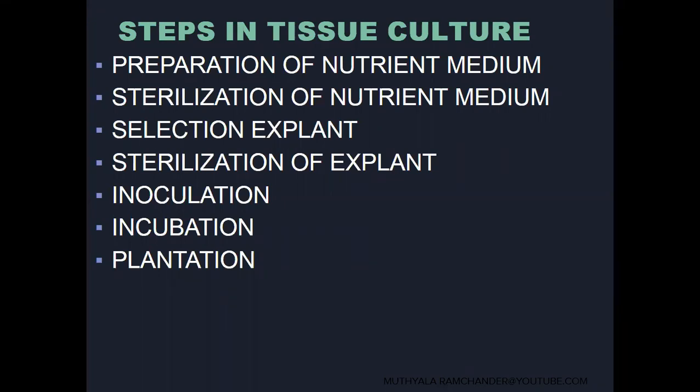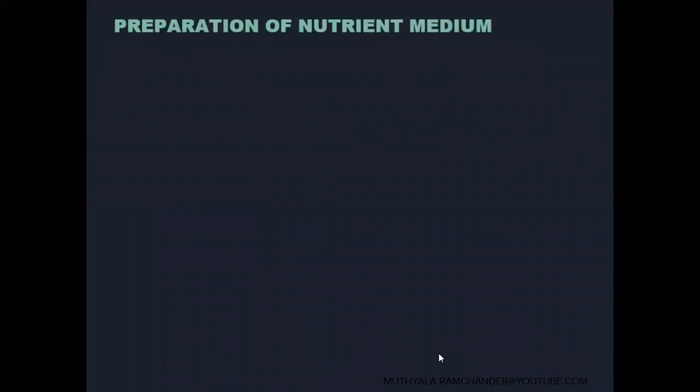Now, first we discuss the preparation of nutrient medium. See children, in a normal environment, plants need nutrients collected from the soil, some gases collected from the environment, and temperature and light factors also help the development of the plant.